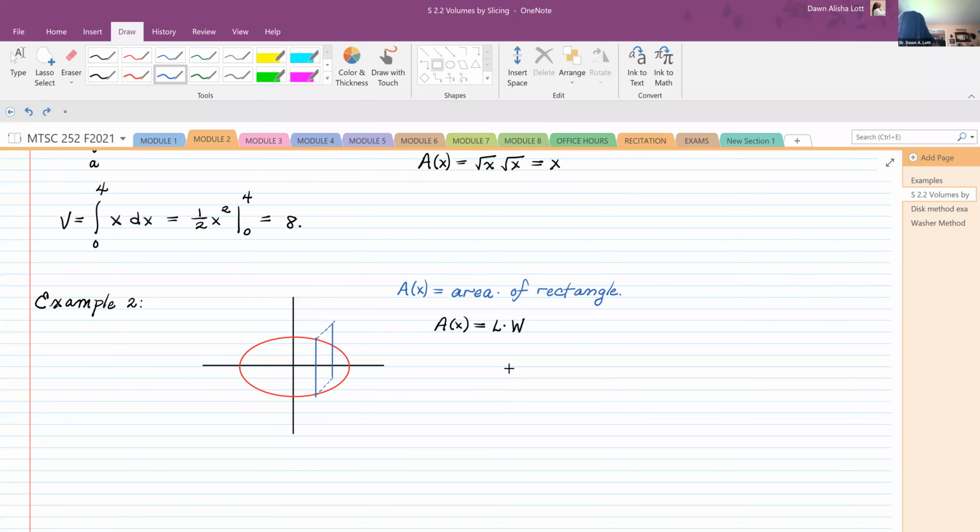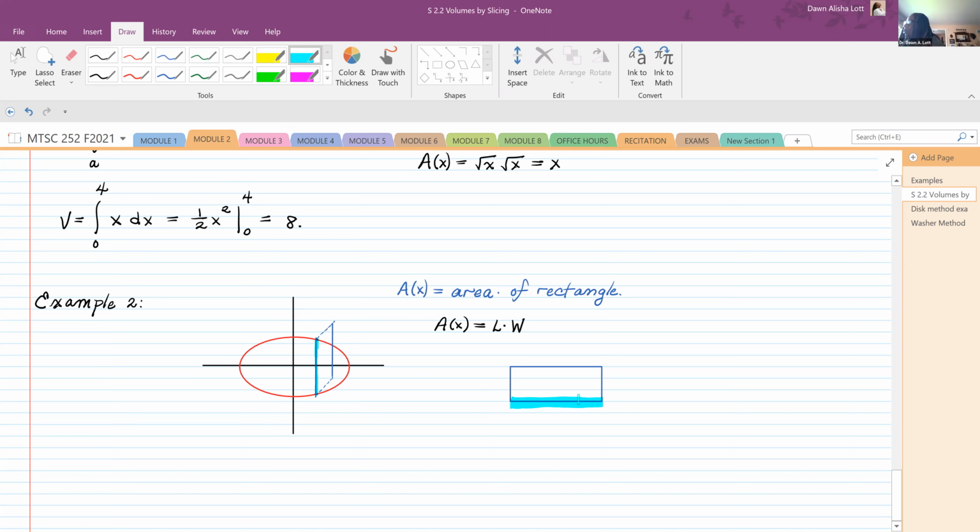So here's the rectangle. And the side that's laying on the axis, this is the same side. So we need to find the length of that side.